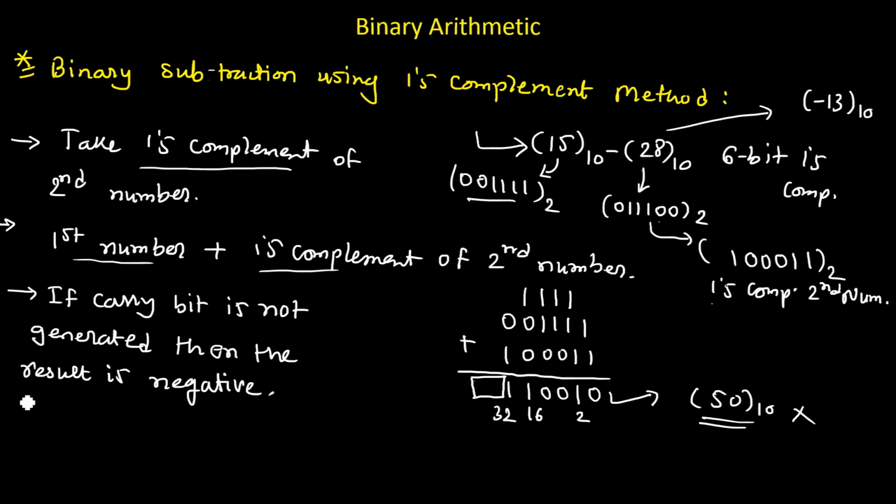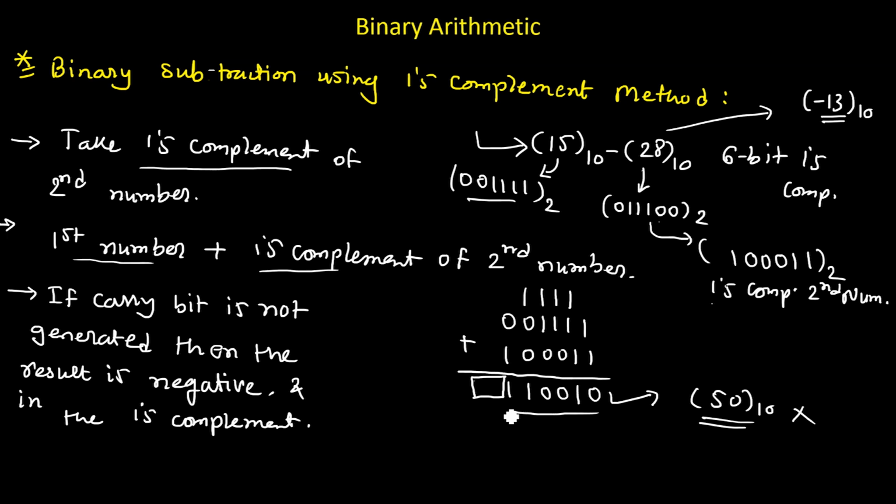And that is in the first complement form. So we have to convert the final result to verify. If we want to get the minus 13 answer, then we have to convert this final answer into the first complement number.